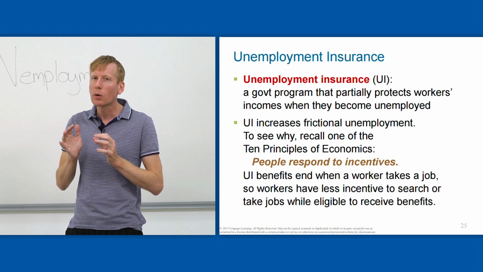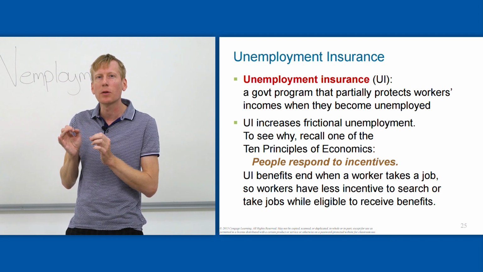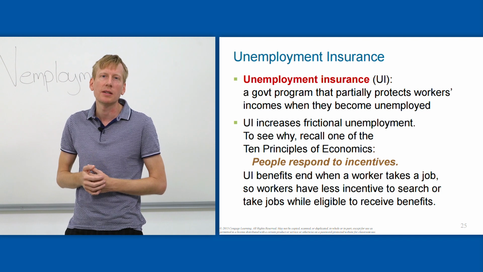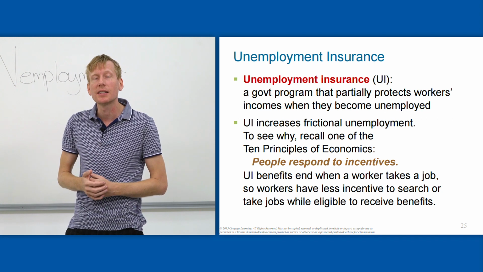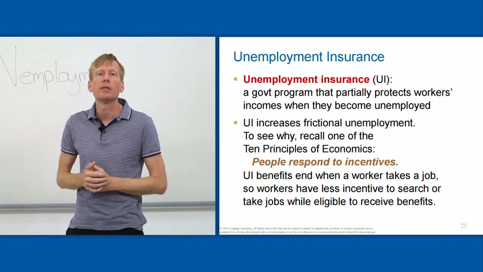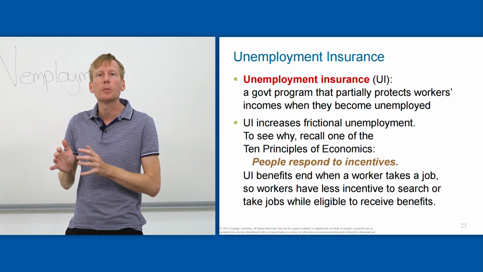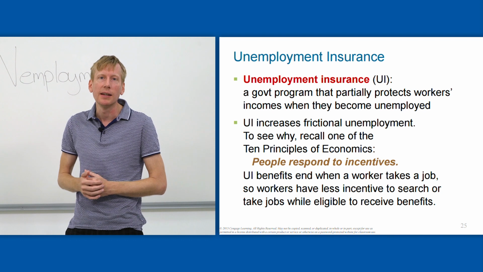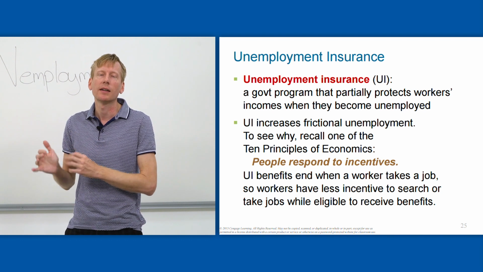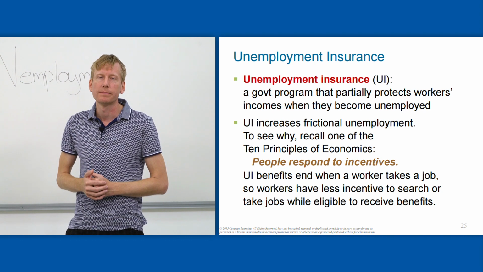So obviously, workers are likely to at least report to the Bureau of Labor Statistics, or whoever else is gathering this data, that because they're receiving unemployment insurance, they're certainly looking for work, and they may need to prove to some government entity that they are continuing to look for work as well.